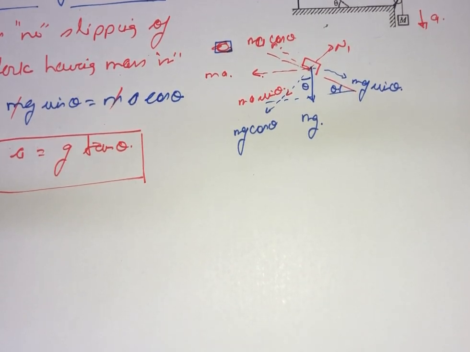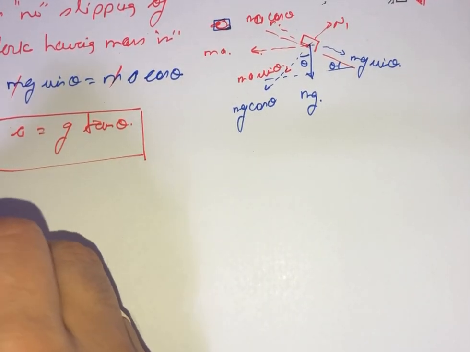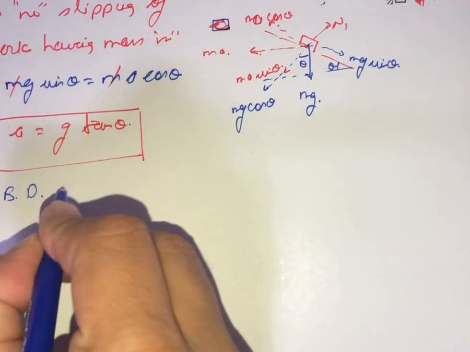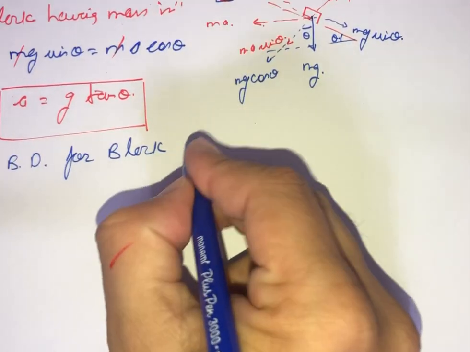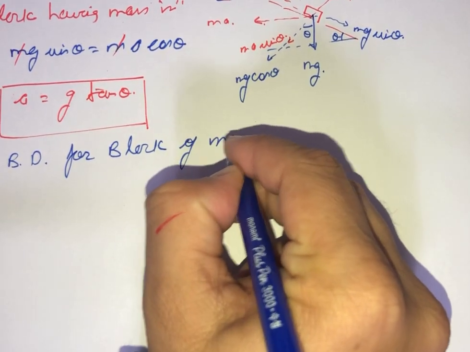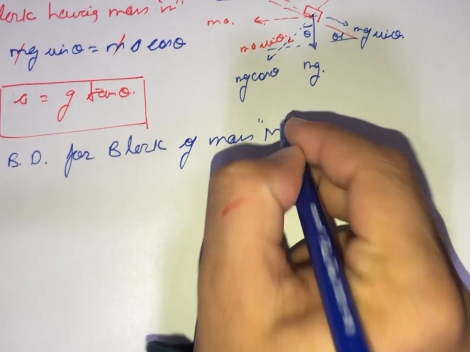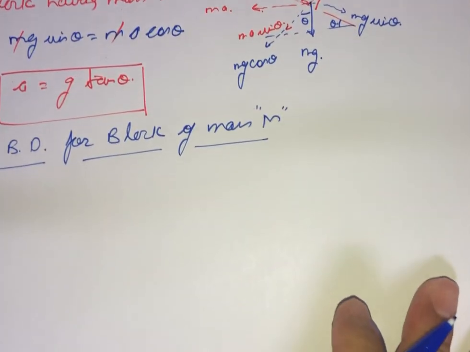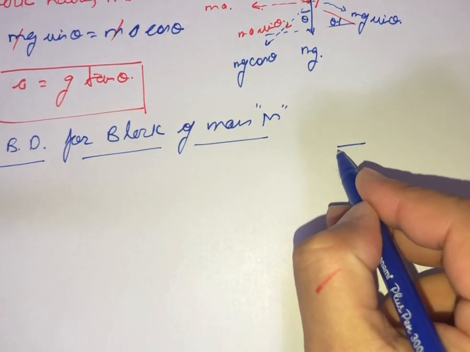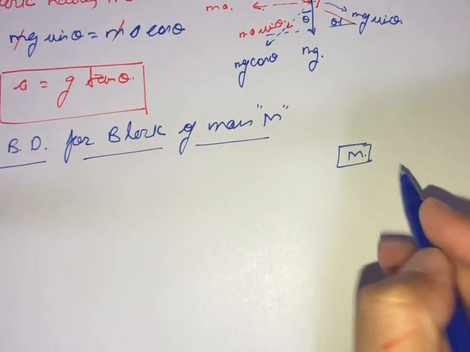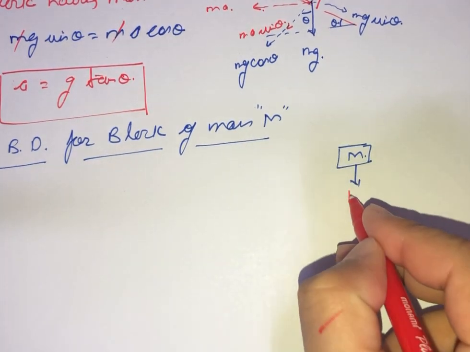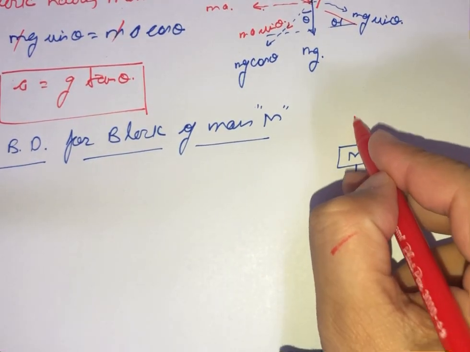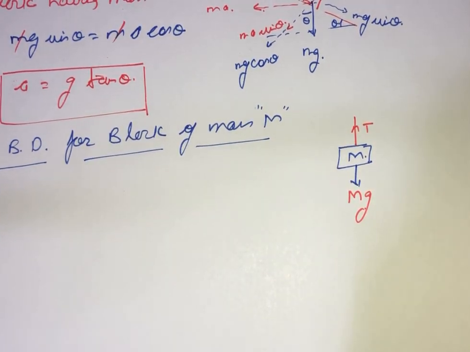Now for the free body diagram for the block of mass capital M. This is our mass capital M, and there will be Mg in the downward direction, and we have T tension in the upward direction.